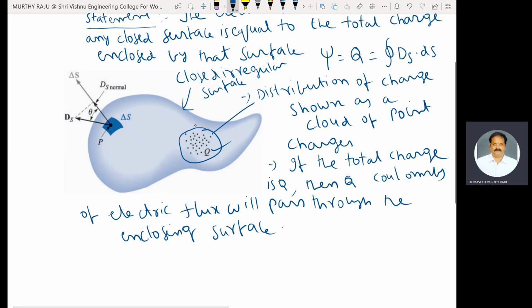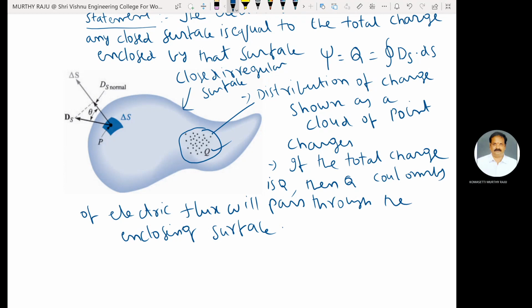This circle indicates the distribution of charges, as a cloud of point charges. Q is the charge. If the total charge is Q, then Q coulombs of electric flux will pass through the enclosing surface.